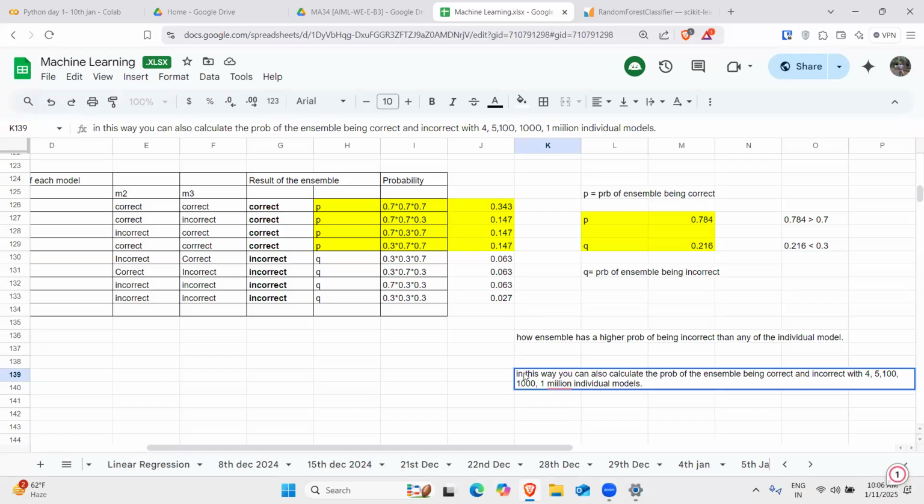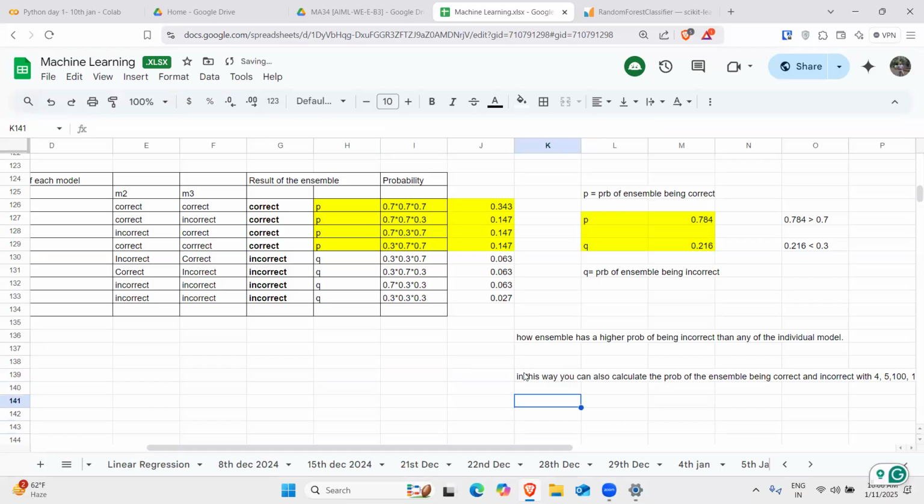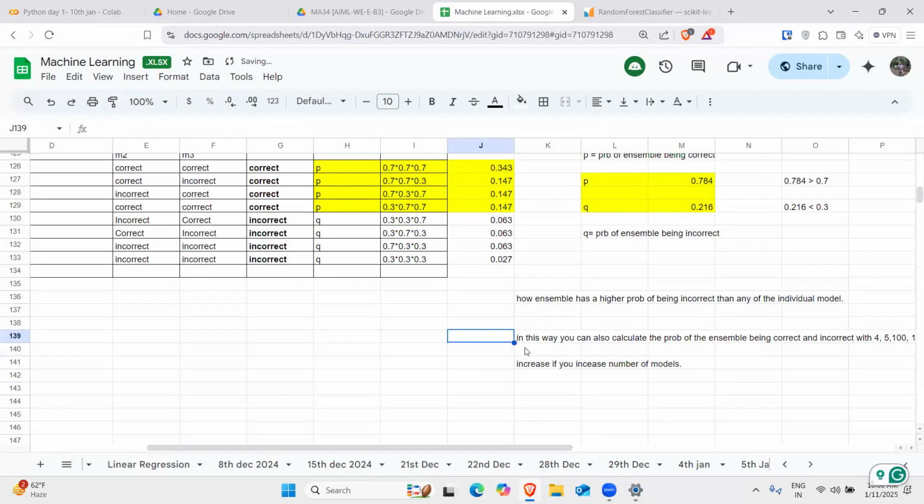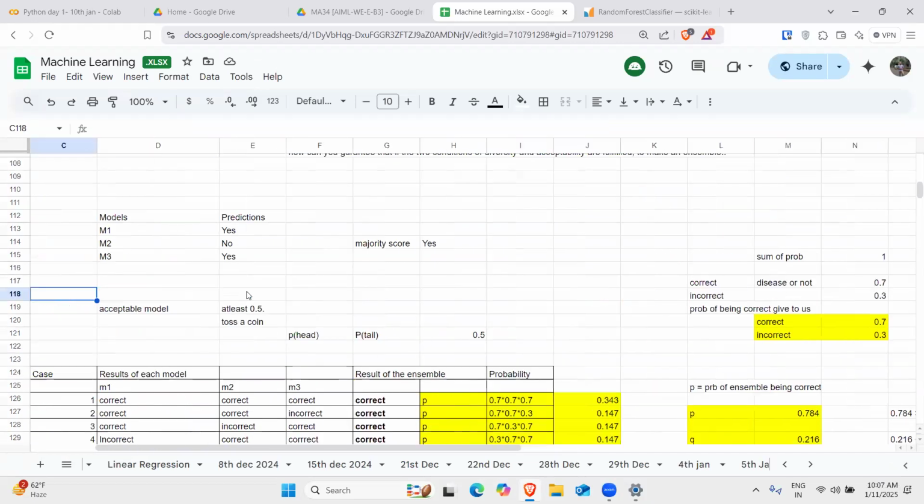The difference in probability will increase if you increase the number of models. Simple, right? And that's how the overall performance of the ensemble increases.